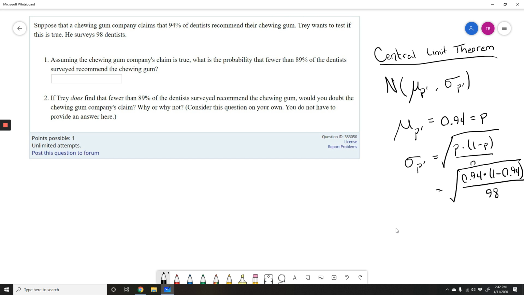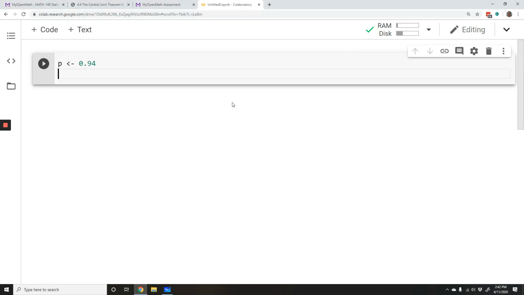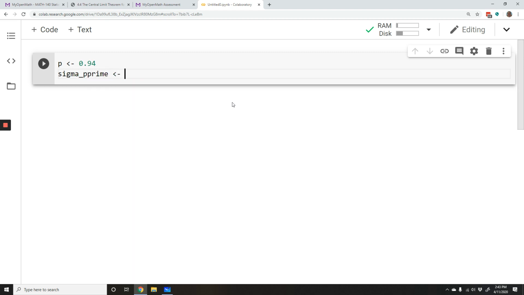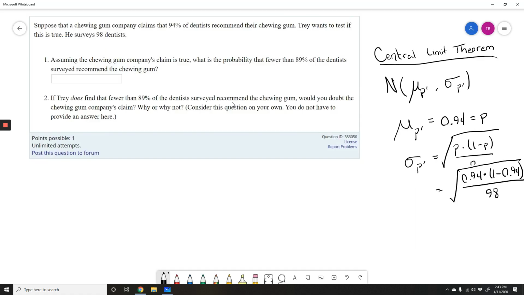All right, let me double check that. Yeah, 94%. And then sigma sub p prime is the square root of p times 1 minus p divided by my n, which is 98.